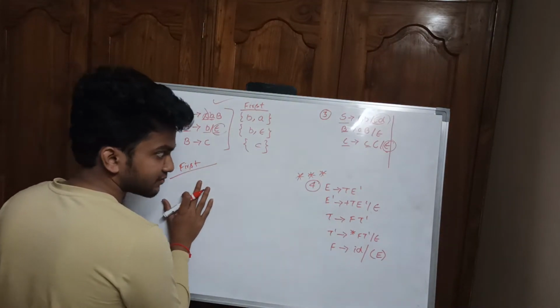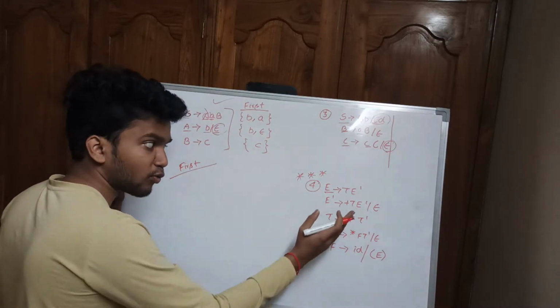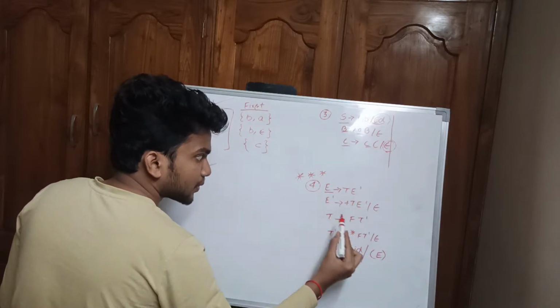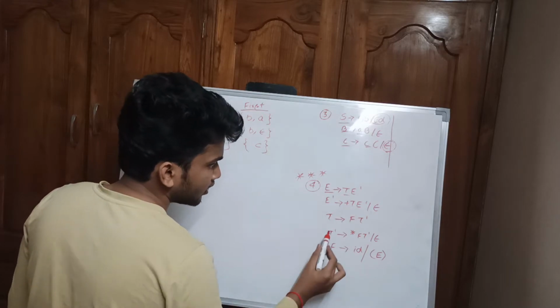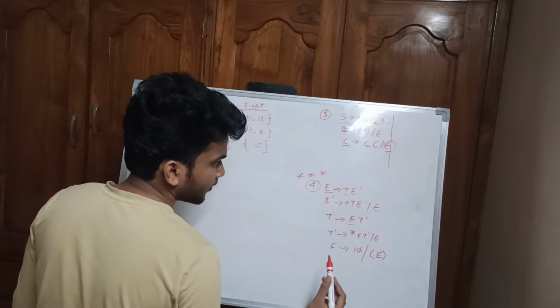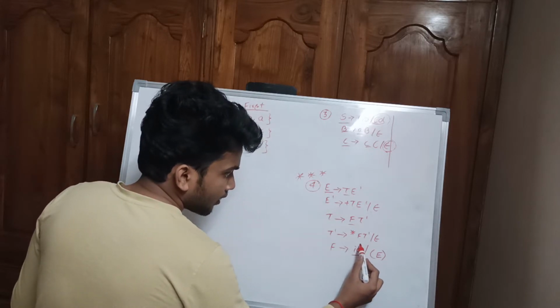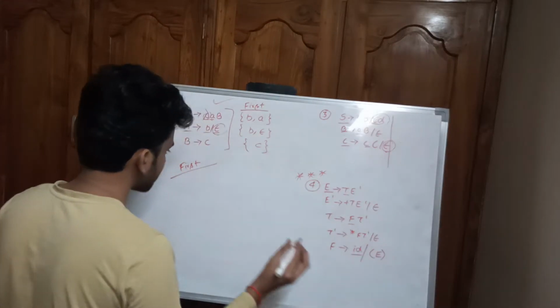Now we are calculating just First. So First of capital E. Now watch the steps carefully, whatever I do. So everything is a capital letter here. So First of T we should calculate. So what is First of T? F. So First of F we should calculate. What is First of F? ID. So ID is a terminal, small case letter terminal.